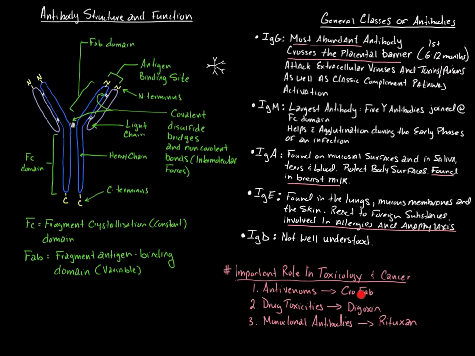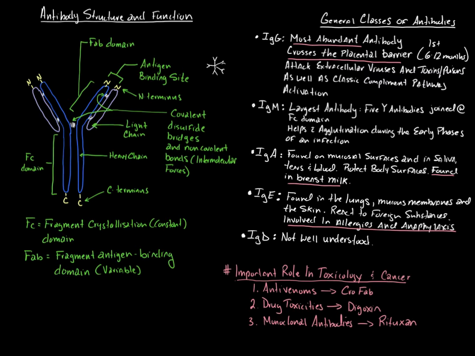We can give them something called Digibind, which is an antibody that attaches to the digoxin molecule and causes precipitation and agglutination of that molecule, pulls it out of the blood plasma, and then it is no longer able to attach to receptors in myocardial tissue, and you can effectively treat the toxicity that way.